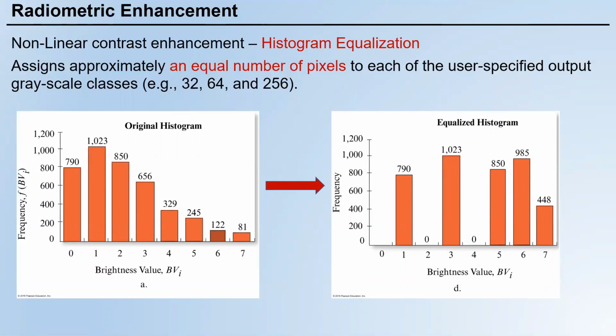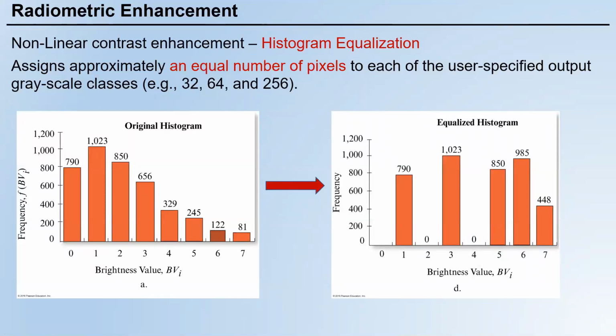If you ask me what's the difference in terms of a specific image, I do not have examples in our slides, but you can simply Google image histogram equalization. There are a lot of examples online showing the original image and the image after histogram equalization. You will find that the image after histogram equalization is brighter, and there are bright pixels and dark pixels.